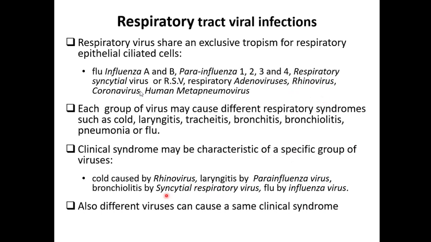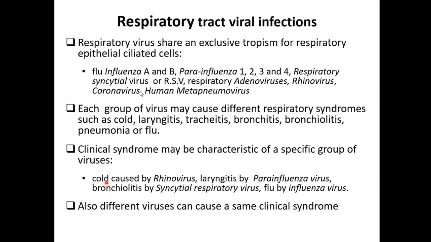But each group of viruses may cause a different respiratory syndrome, cold, and inflammation of the entire respiratory system, including tracheitis, bronchitis, bronchiolitis, some flu. And the clinical syndrome may be characteristic of a specific group of viruses.